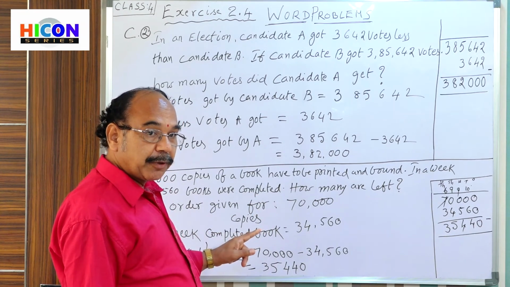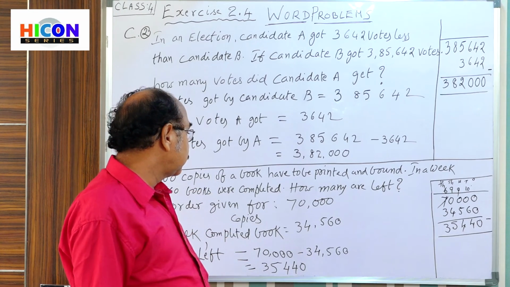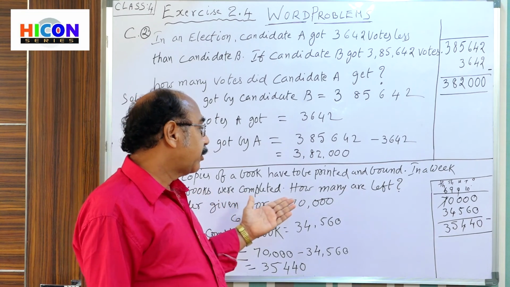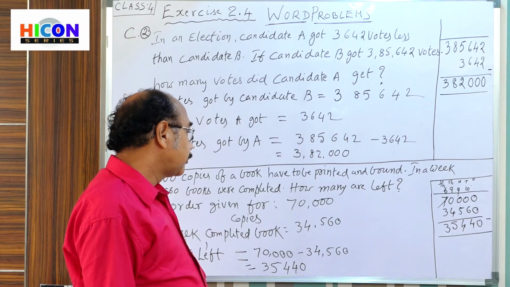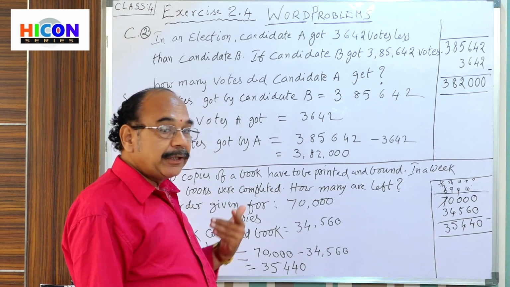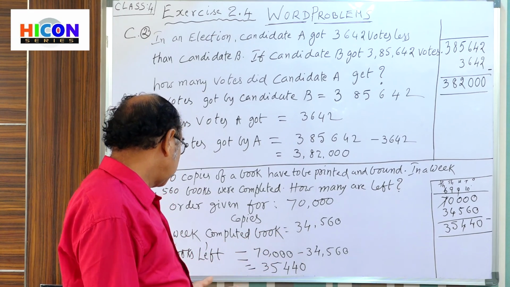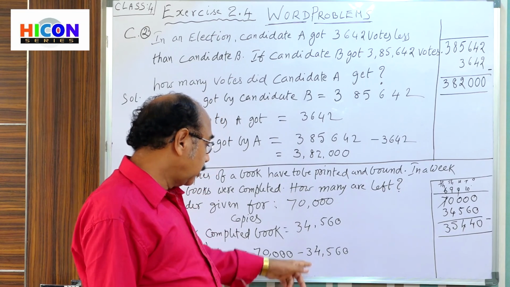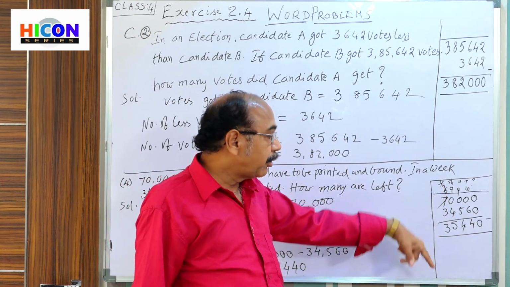Okay, children, in this problem, actually order is given for 70,000 copies, but the company completed only 34,560 books. How many are left means here we have to show the subtraction. That's why from 70,000, 34,560 is subtracted. I showed the subtraction here. This is the borrowing subtraction.